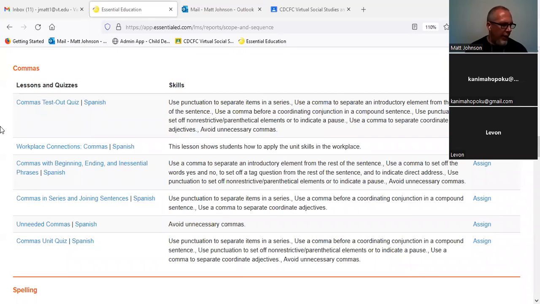Okay, so as I mentioned, the next several lessons are basically on comma usage. It's sort of leading into this, we talked about dependent clauses and independent clauses and some of those sentence structures. And I mentioned this before with the comma.